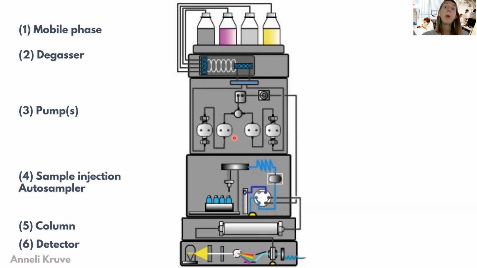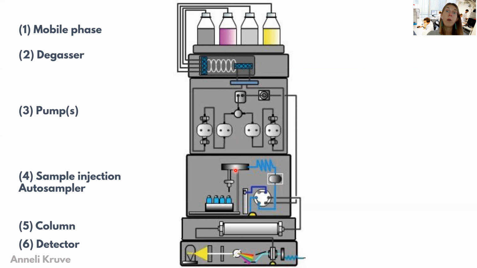And pumps are the source of the pressure that is pushing the mobile phase through the column. So before the pumps, we have a low pressure region, but after the pumps, we have a high pressure region. Pumps direct this solvent to the injection system.